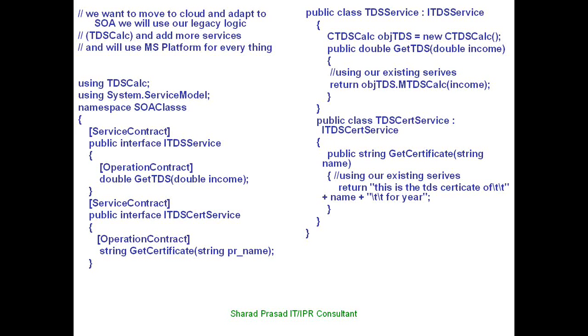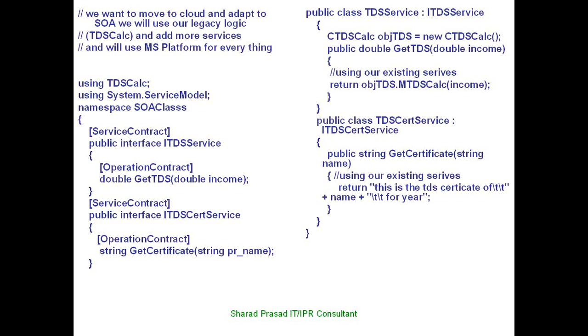If we want the contracts, the interfaces and the methods in these interfaces, to be exposed to the client, we need to put these attributes, and these attributes are WCF attributes basically.